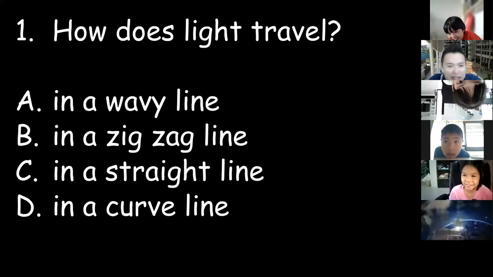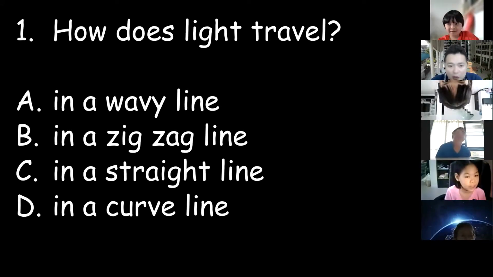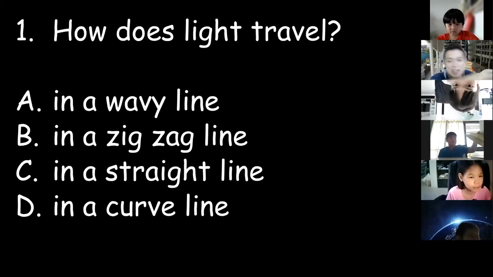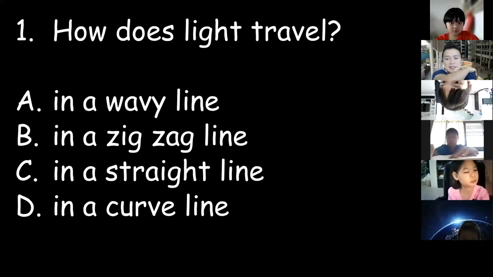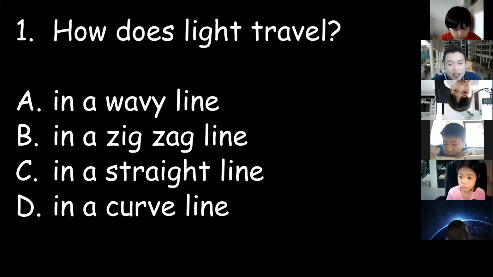Number one, how does light travel? Who can answer? And remember, kids, before we continue, please bear with these questions, because I might use some of the questions that I put here during your midterm tests.